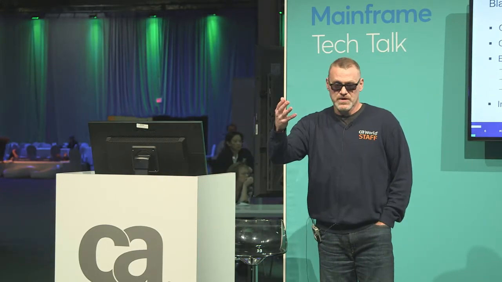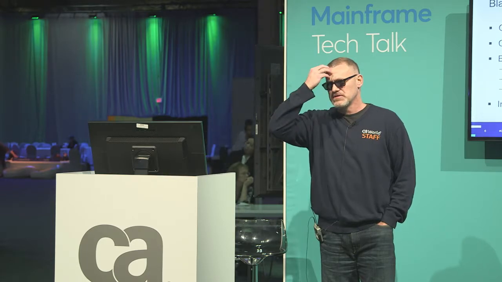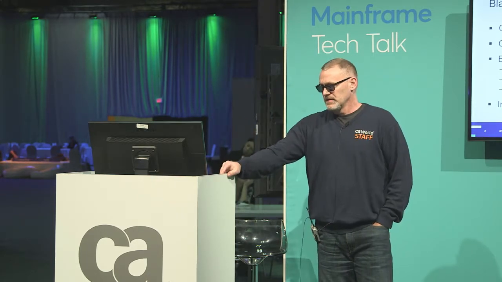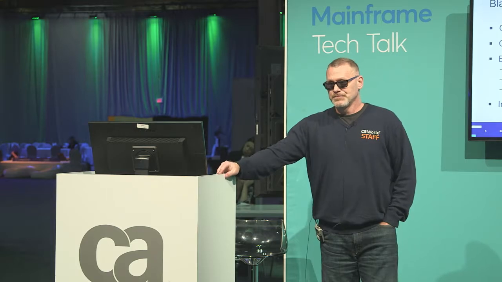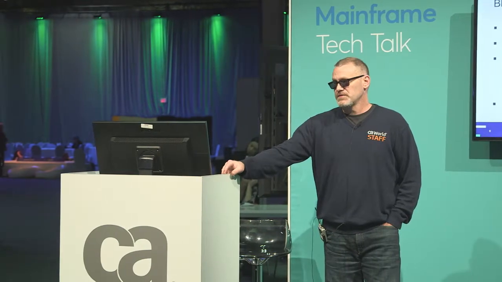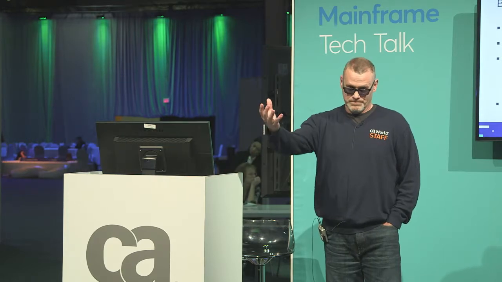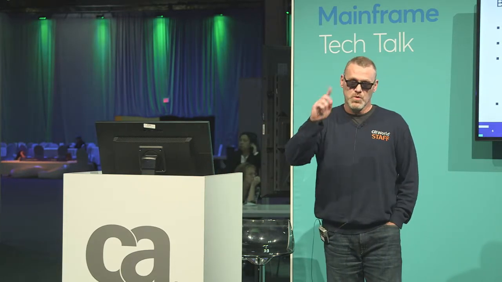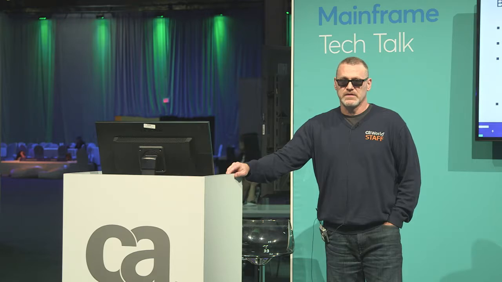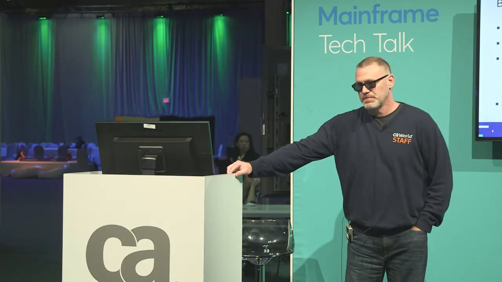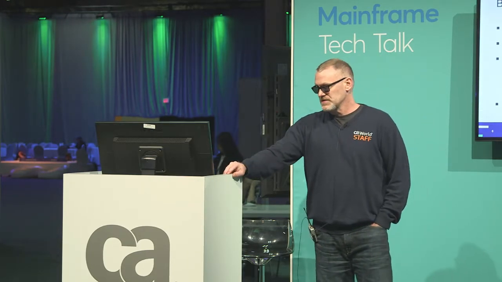That would be an SYS1 PARMLIB member. But it's just a bit, right? So if you're a black hat hacker and your intent is to steal sensitive data, that's one of many techniques that you can use. You flip that bit. It's really simple if you can get authorized.